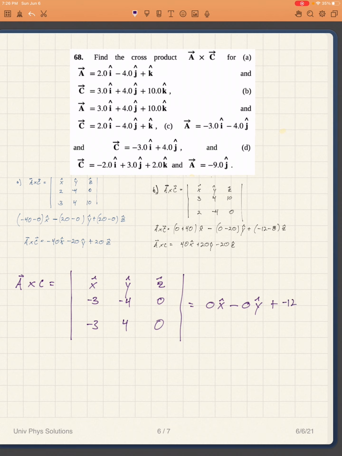So that's -12 minus 12 in the z direction. So in this case, A cross C is equal to -24 in Z. This is the same as writing 0x plus 0y minus 24z.